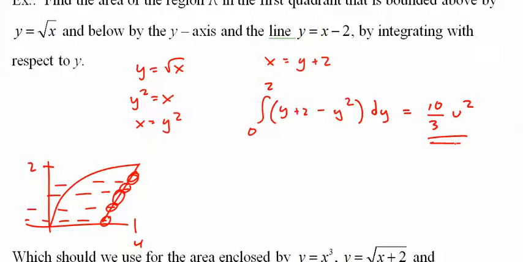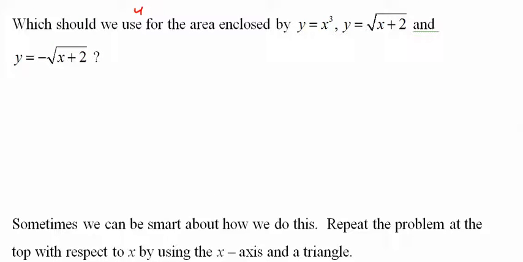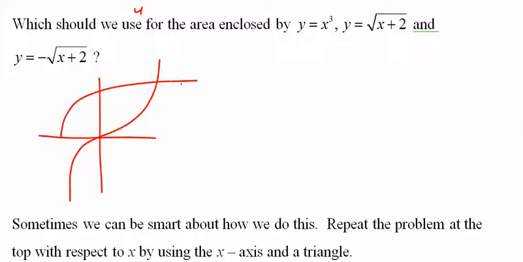So you've got to make your choice. Which one do you want to use? Got to figure it out. It's tricky. Which would you use for the area enclosed by y equals x to the third, y equals square root of x plus 2, and y equals negative root x plus 2?